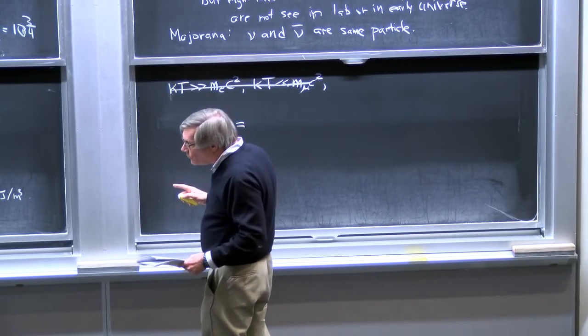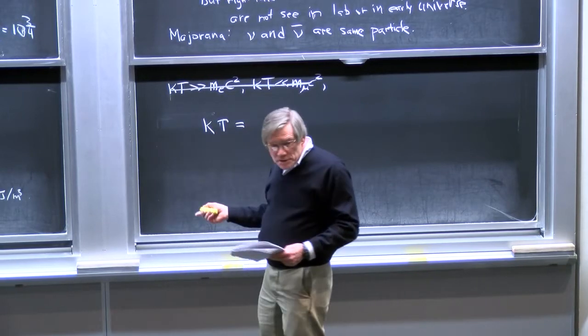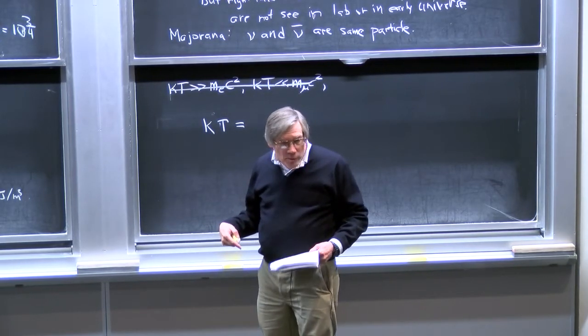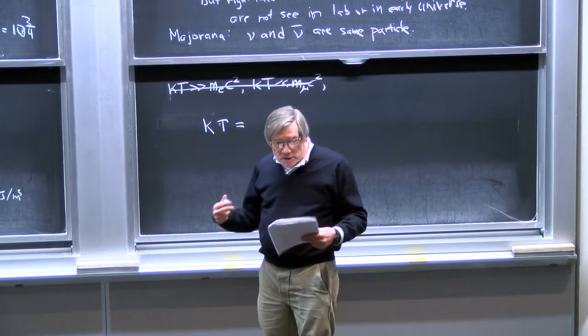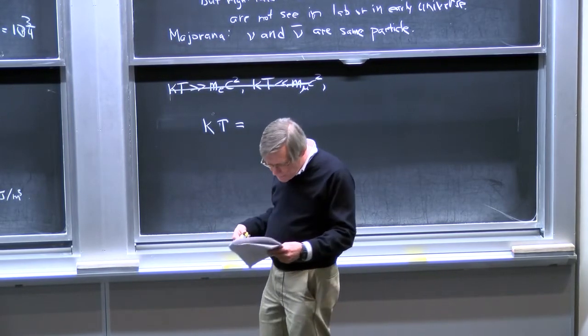And that's because we've learned how to write energy density as a function of time, and we've learned how to express energy density in terms of the temperature. Putting those two together gives us a formula for the temperature as a function of time.